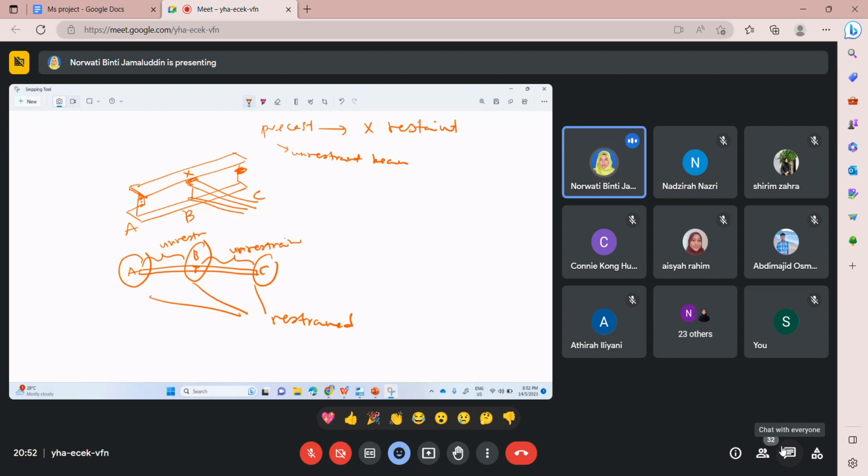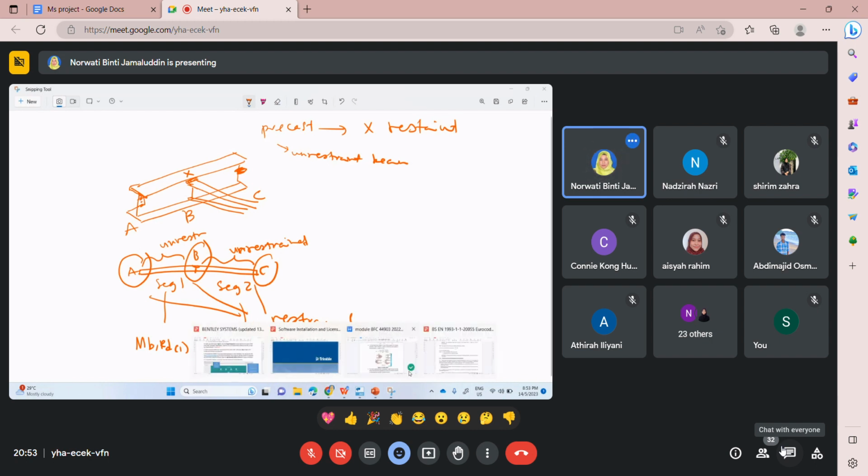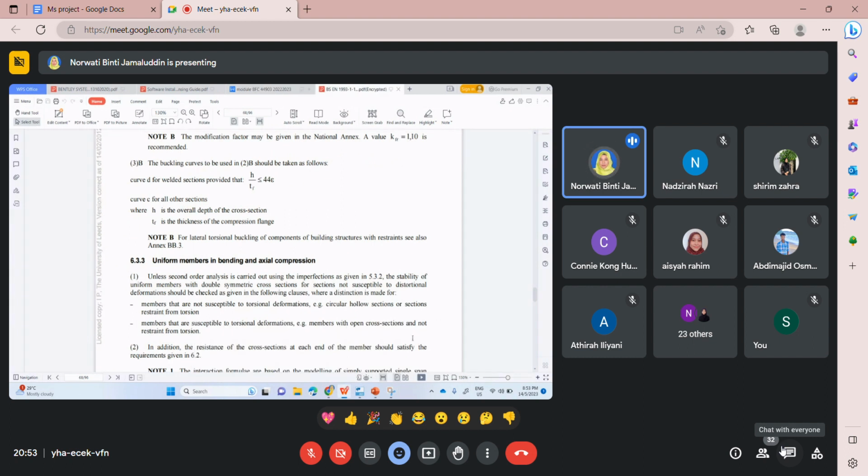So when we design, we have two segments, segment 1 and segment 2. You need to calculate MbRd for segment 1 and also for segment 2. That's why in this Eurocode, it says segment.